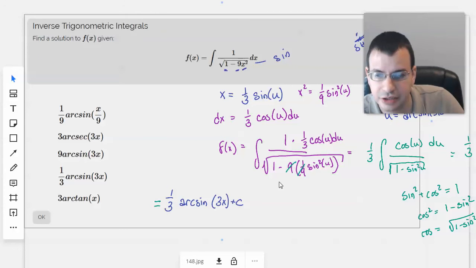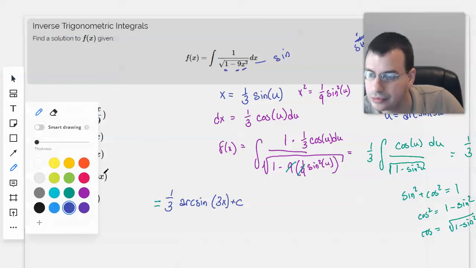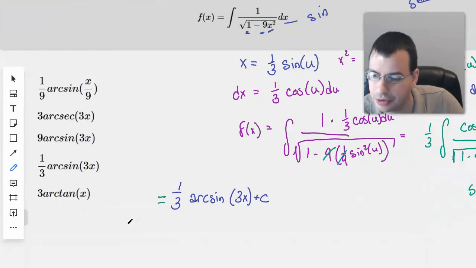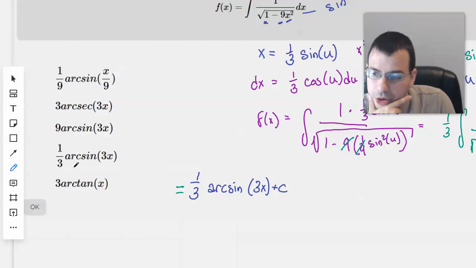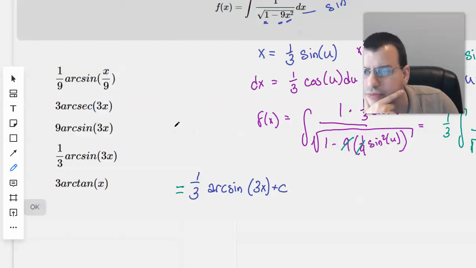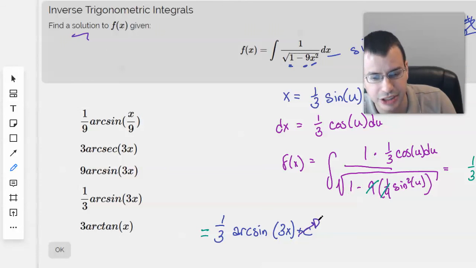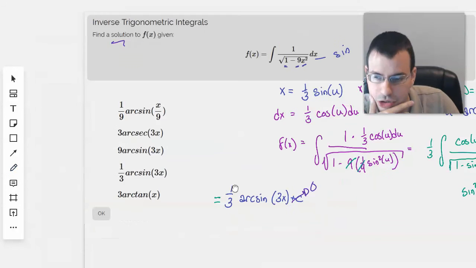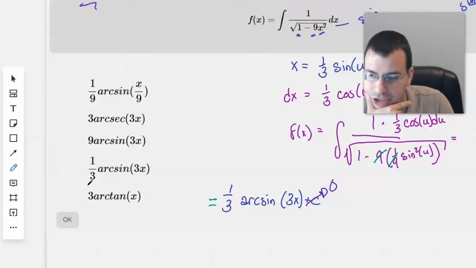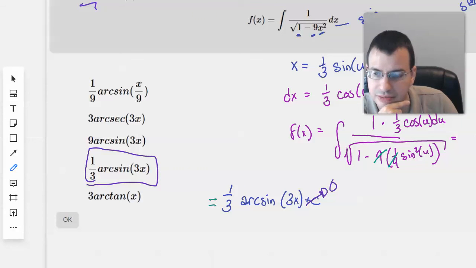F of x is 1/3 arcsine 3x. And they say a solution, so c equals 0 would be a solution. It'll be 1/3 arcsine of 3x.